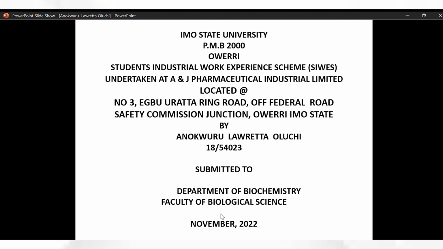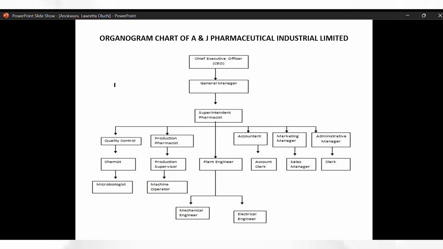Now when you are done with this title page, the next thing you will look at is the organogram of the company that you did your industrial training. This is not actually compulsory. Why this was added here is so that we can identify the section where this particular individual did his or her IT. So for this particular individual, she graduated from biochemistry department.